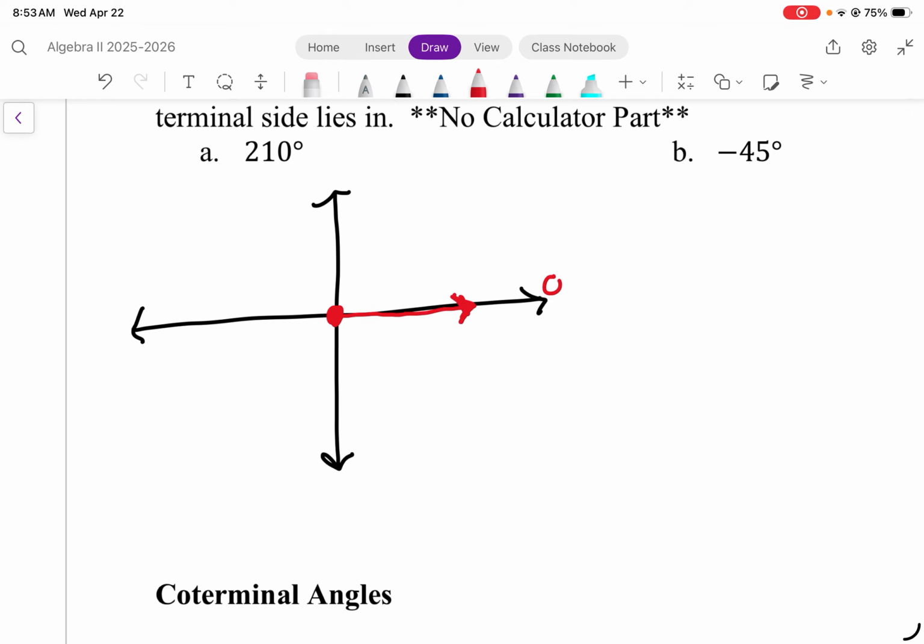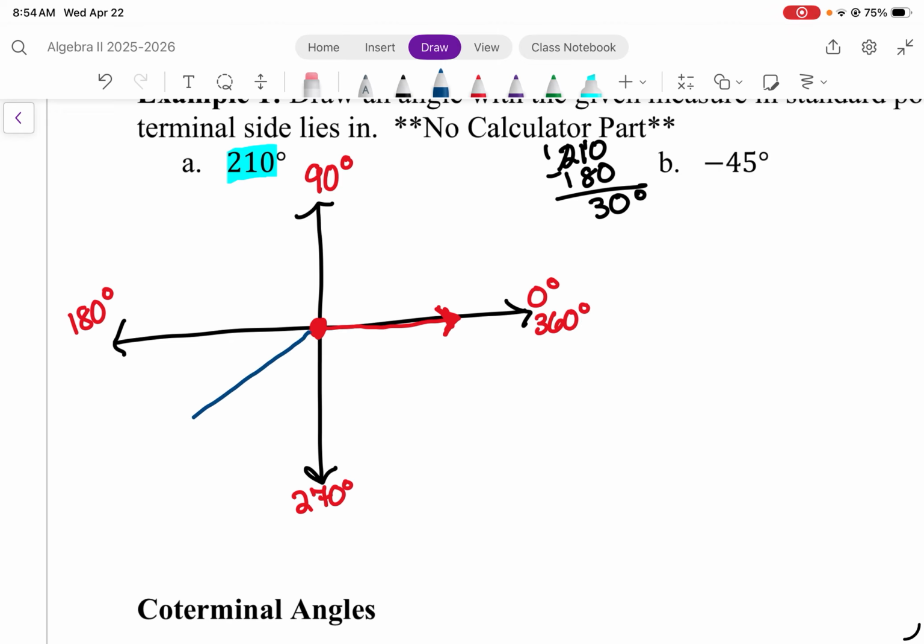And if I take 210 minus 180, that is going to give me 30 degrees. So I know I need to go 30 degrees past 180. So that's not going to be too far away. So that's where my terminal side is going to go, and I'm going to include my arrow and the curve indicating that's the angle I am talking about.